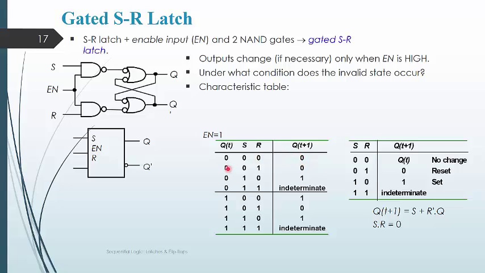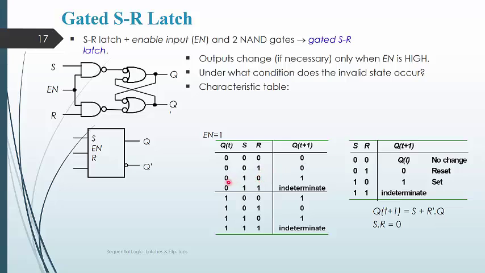Now Qt is 0, but the S input is 0 and the R input is 1. As S is 0, that means it is in the reset mode. That's why Qt plus 1 is obtained as 0. In the next state, the S value is 1 and the R value is 0.